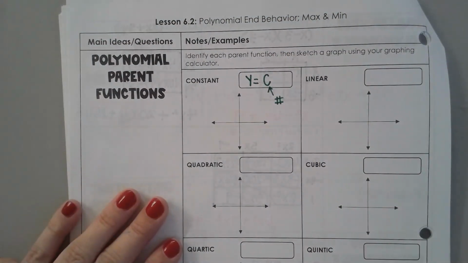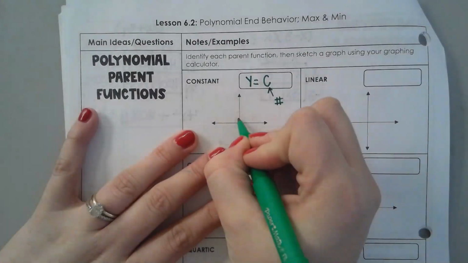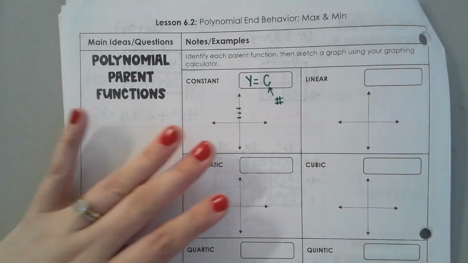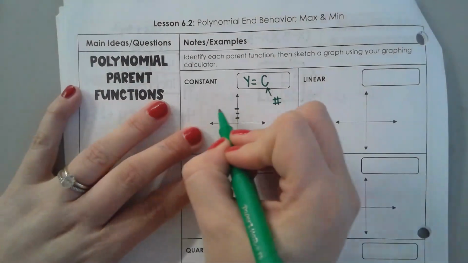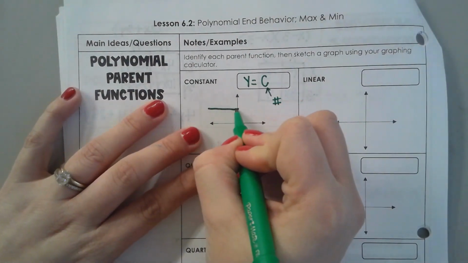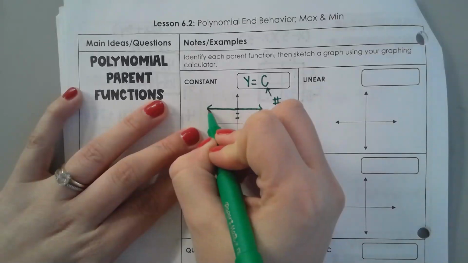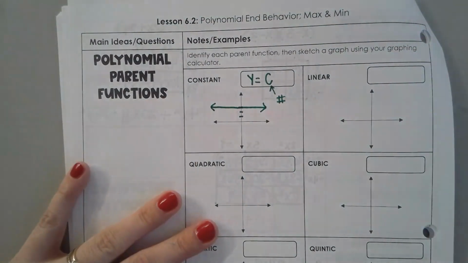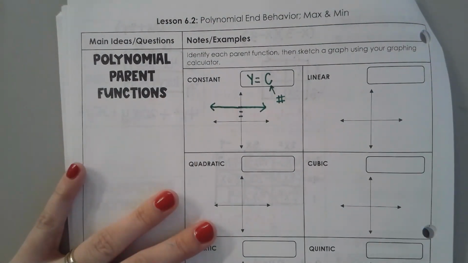And depending on whatever that number is, let's say that number is 3, my graph is just going to be a horizontal line that goes through whatever that number is. That one's pretty simple, we don't do much with those really.